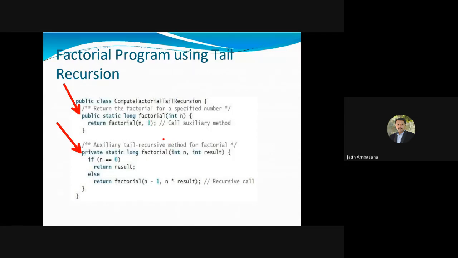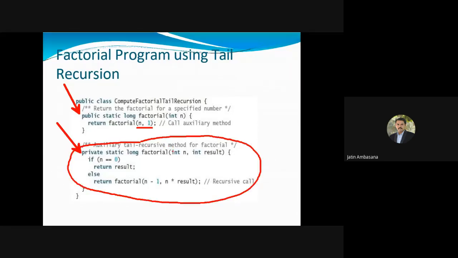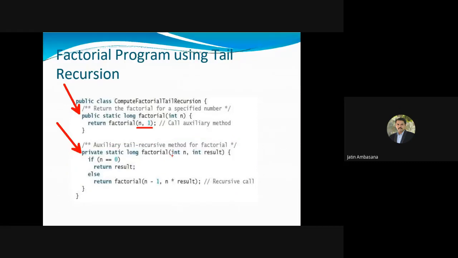So you say factorial n comma 1, and now this is an auxiliary method, or we can say the helper method that we had done previously. In the same way, this is the helper kind of method where the n gets passed and the result gets passed. So we say if n is equal to 0, then return result. So if someone has entered n directly as 0, then that gives you result 1.